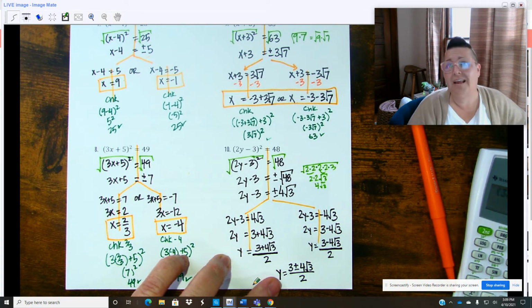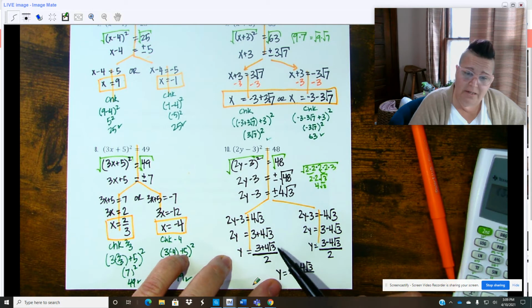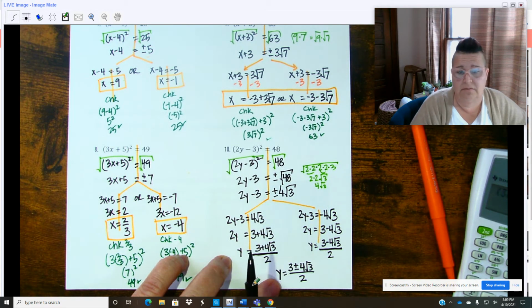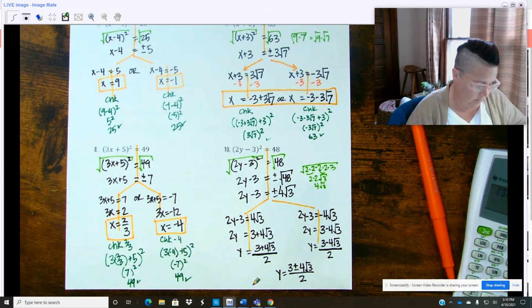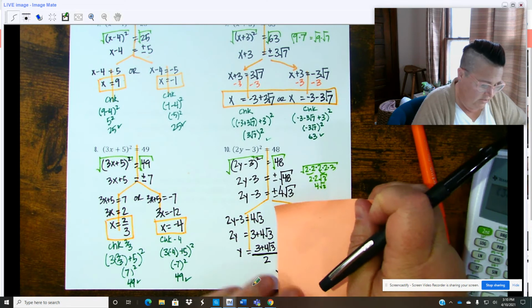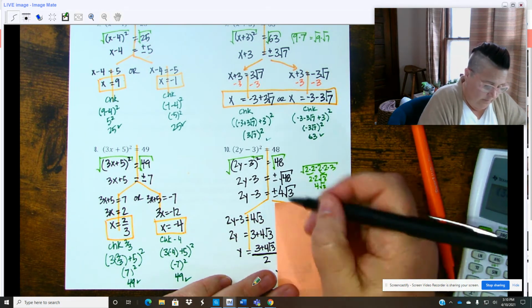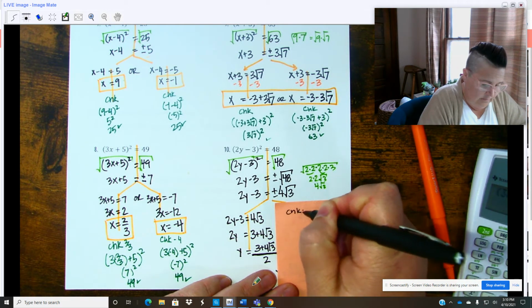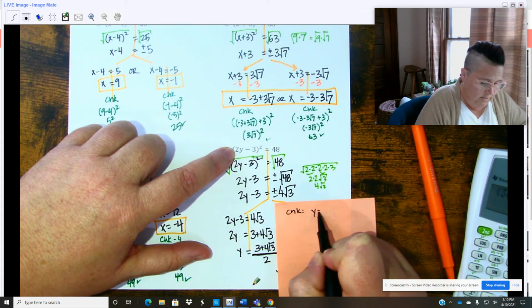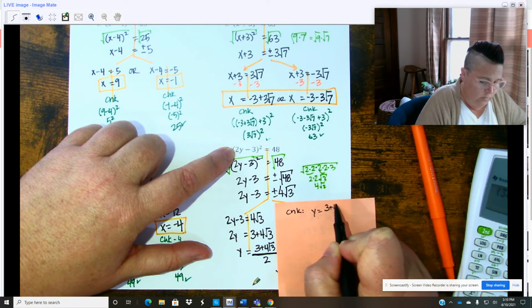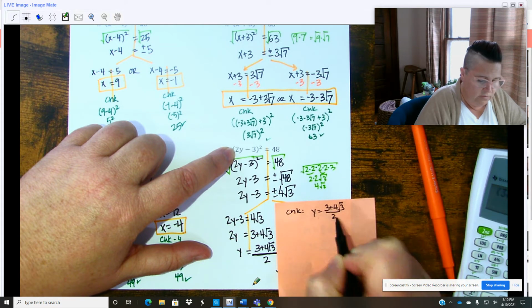How would I check this one? Well, if I'm being honest, I probably don't want to put all of this in for the y. I mean, that's some algebra going on there. But we can, so I'm going to pull a little post-it. If I was going to check this one, I want to check y is equal to 3 plus 4 square roots of 3 over 2.